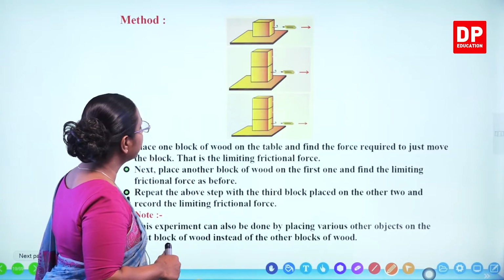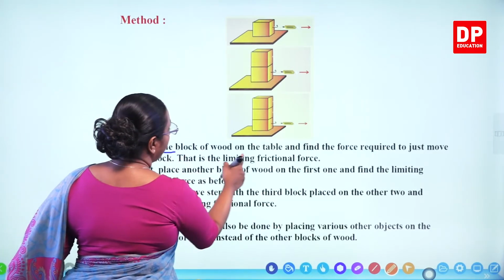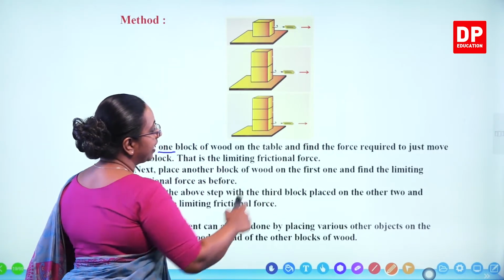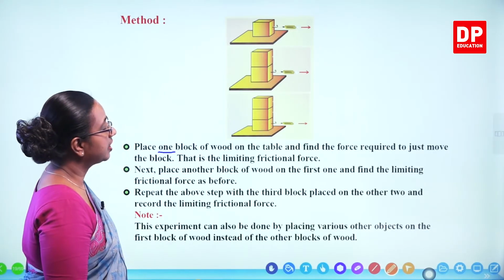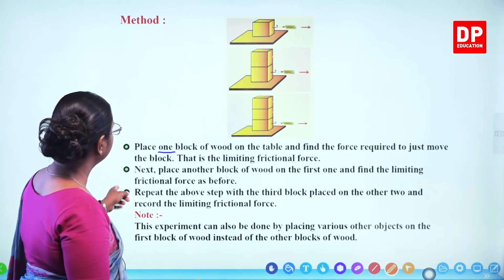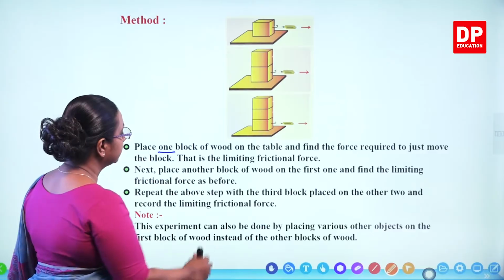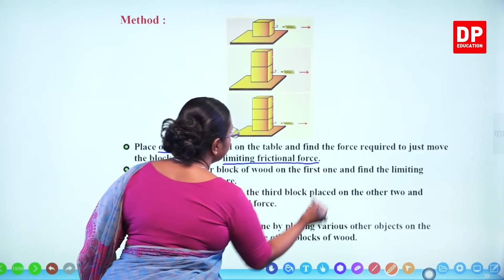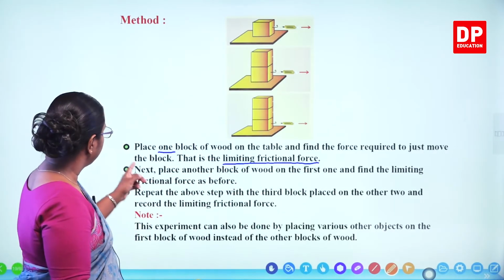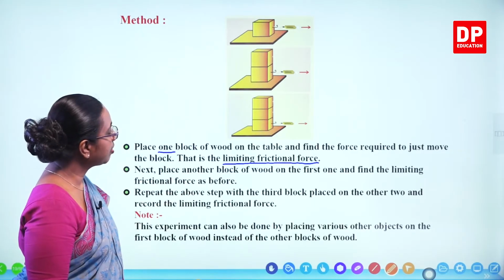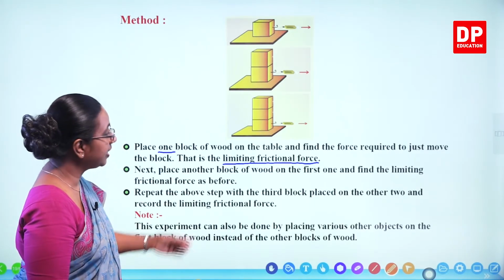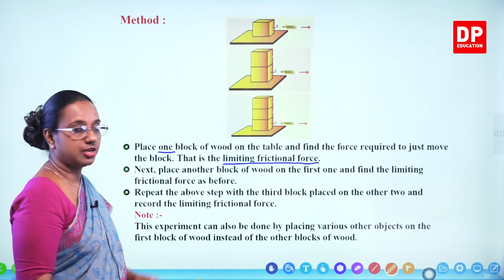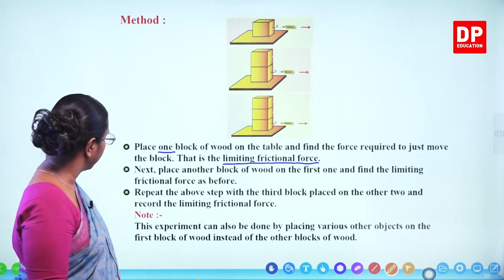So place one block of wood on the table and find the force required to just move the block. That is the limiting frictional force. Next, place another block of wood on the first one and find the limiting frictional force as before.